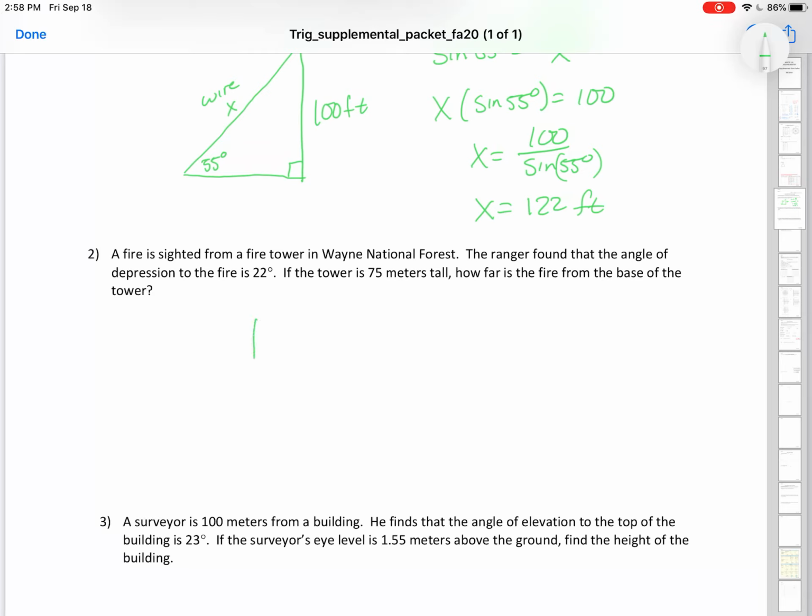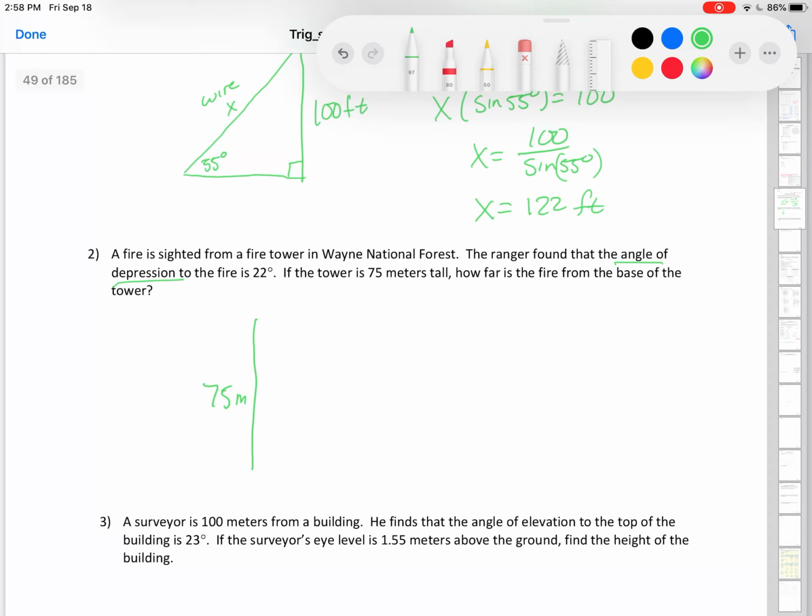So there's some things that you want to know and that are going to make a difference when we draw this picture. So first of all, we have this tower. That tower is 75 meters tall. So we got 75 meters in height right there. And it says something very specific, the angle of depression. So remember what the angle of depression is.